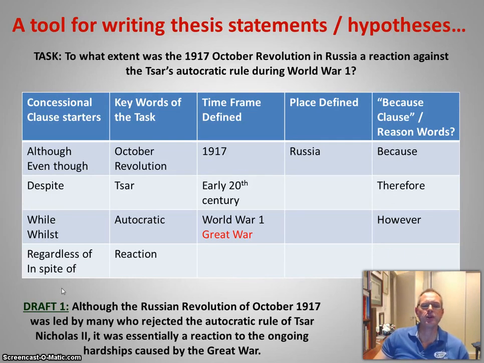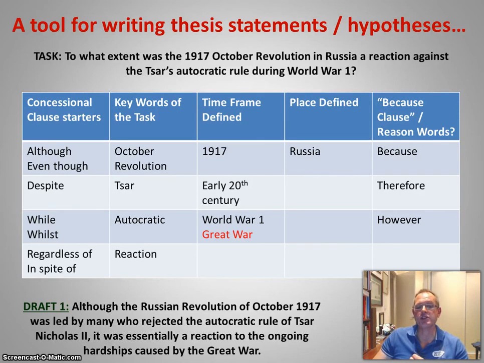I've got a number of key words in there. I've got revolution, I've got October, I've got Tsar, I've got autocratic, I've got reaction, I've got a synonym for the Great War, which is also giving me a time frame for World War I. I've got a time frame done in two ways.